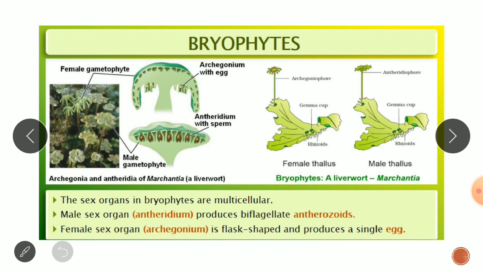Here we can see that the sex organs in bryophytes are going to be multicellular. The male sex organ known as the antheridium produces biflagellate anthrozooids. Biflagellates means having two flagella.